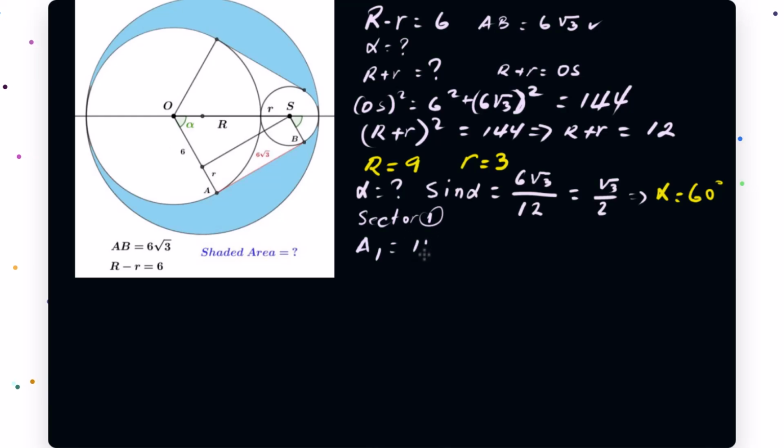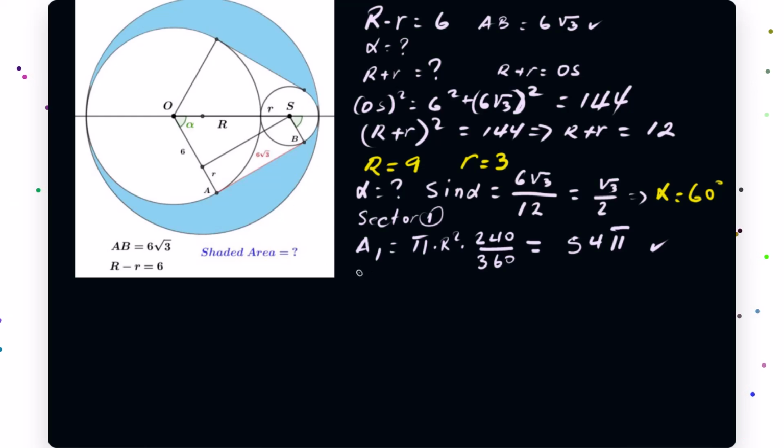So it is pi times 9 squared, that is big R squared, times 240 over 360. That will simply give us pi times 9 squared, that's 81 pi times 240 over 360.